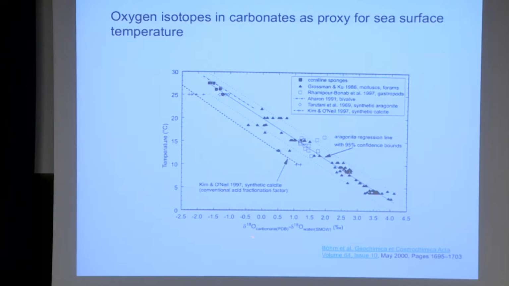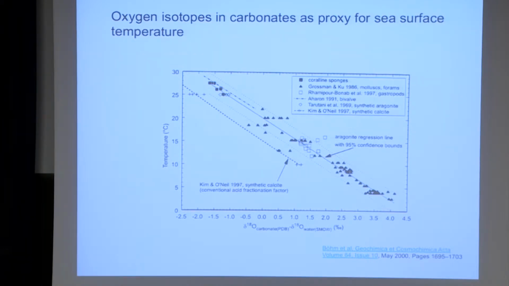There's a small little difference. There's always a little fractionation, as we say, so that when this carbonate is formed by the organism from the carbonate in the seawater, it changes the oxygen isotopic composition just a little bit. And then this isotopic fractionation is temperature dependent. This is already pretty good.